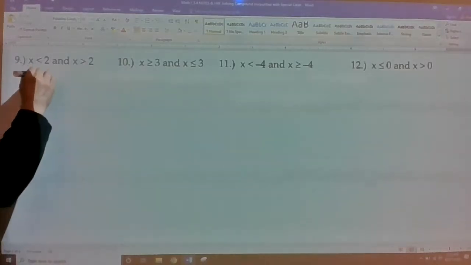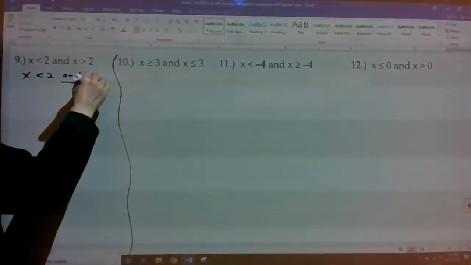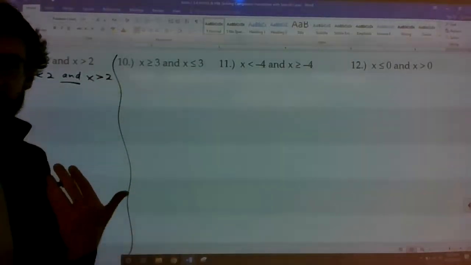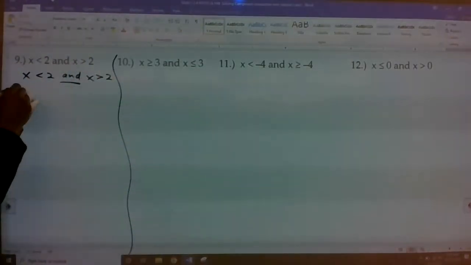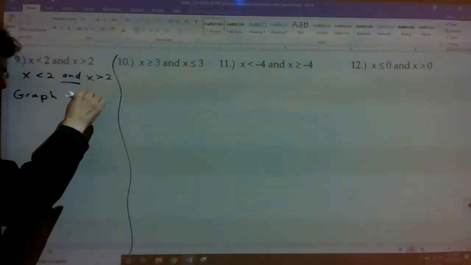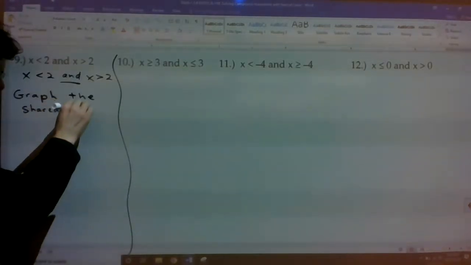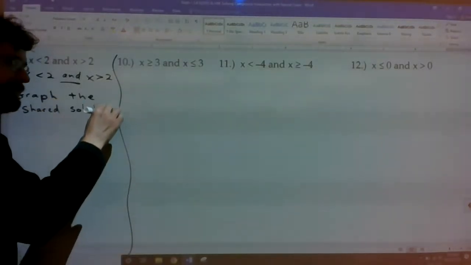When I say x is less than 2 and x is greater than 2, what I'm asking you to do is graph the shared solutions. Where do these two graphs overlap?